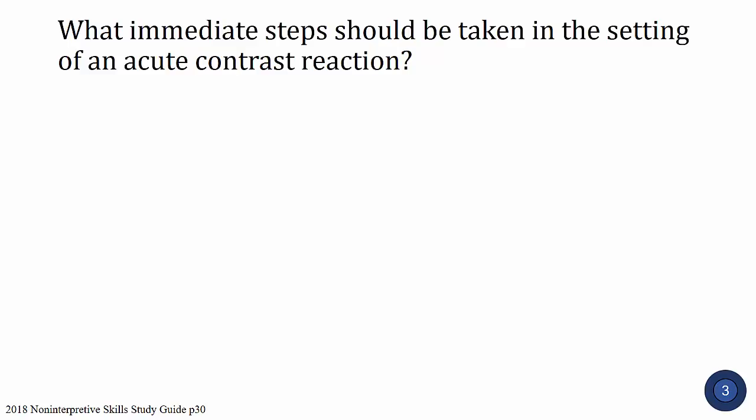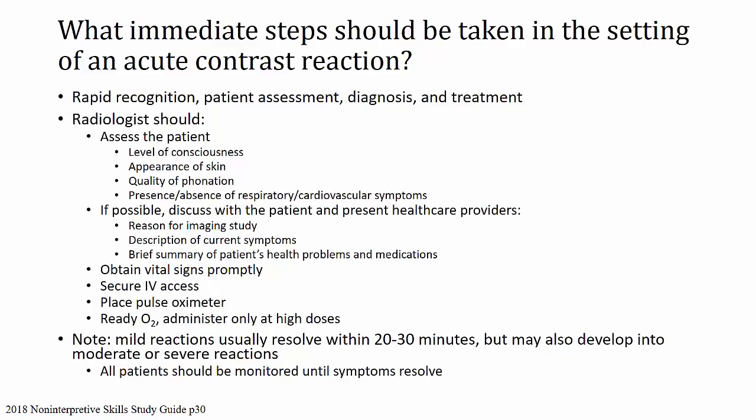Next question. What immediate steps should be taken in the setting of an acute contrast reaction? Well, in general, when there is an acute contrast reaction, first of all, we should recognize it as quickly as possible, and then go and assess the patient, try to diagnose what's going on, and treat the patient. That's probably pretty obvious.